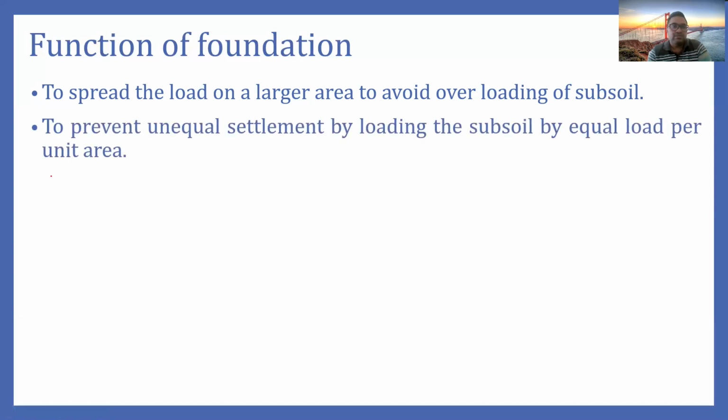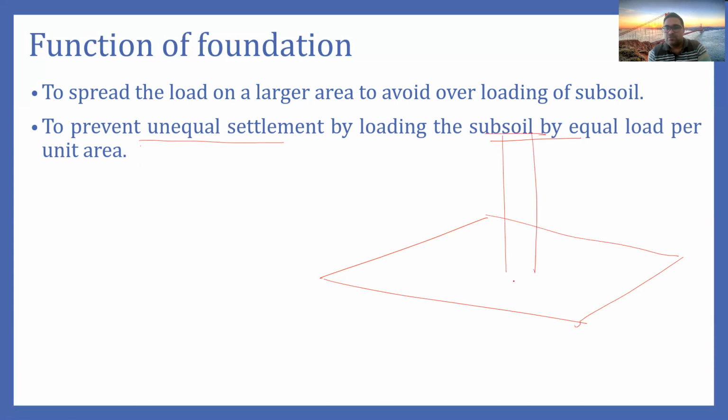The second function is to prevent the unequal settlement by loading the subsoil by equal load per unit area. Well, this foundation gives us a flat surface. As you can see, suppose this is the pillar. So this pillar is attached with this foundation. So as you can see, the load is spreading over this large area, and also you can see this is basically a flat surface.